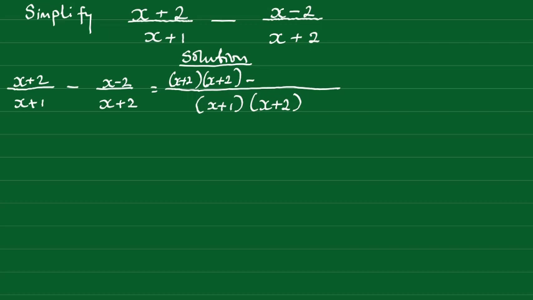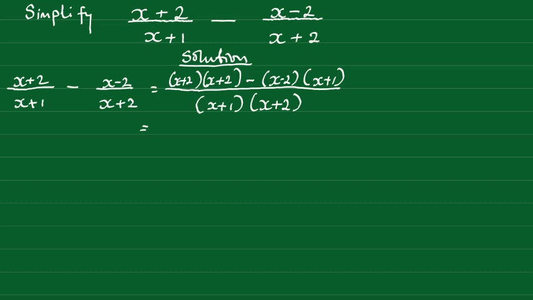So we proceed to multiply our x + 1 times x - 2, rather. So we end up having (x - 2)(x + 1). Now we proceed with our solving, and we have (x + 2) times (x + 2).